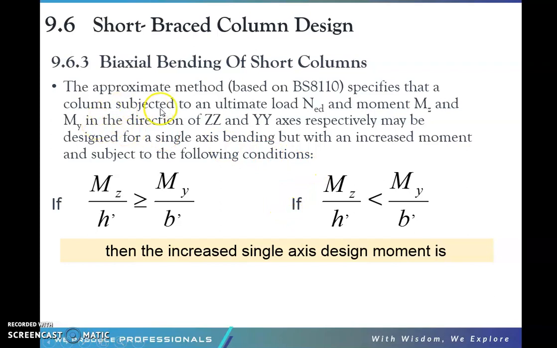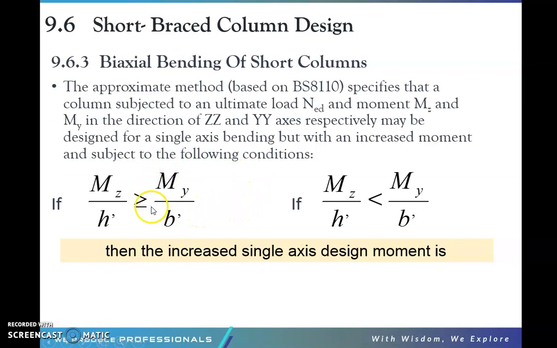The appropriate method specify that a column subjected to an ultimate load and moment Mz and My in direction of zz and yy axis respectively may be designed for a single axis bending, but with an increased moment and subject to the following condition.